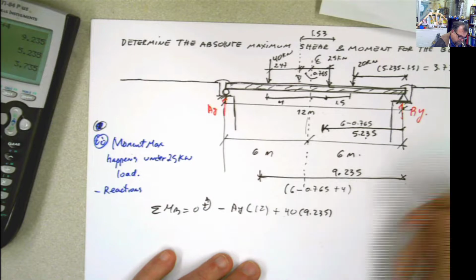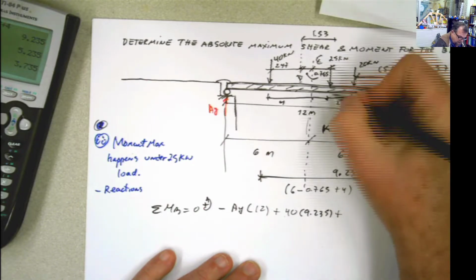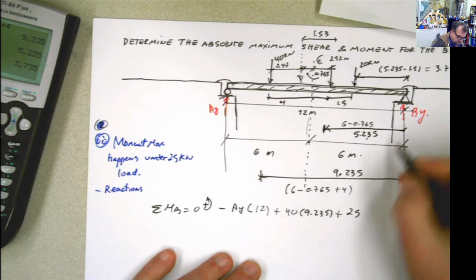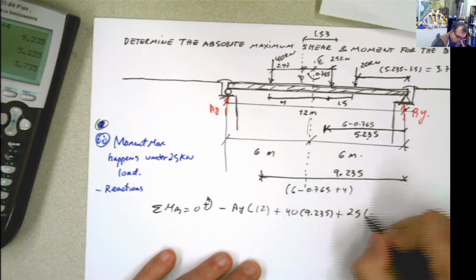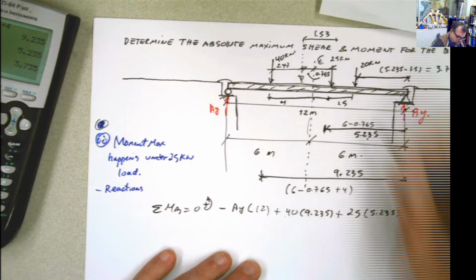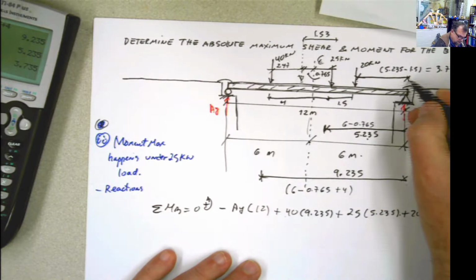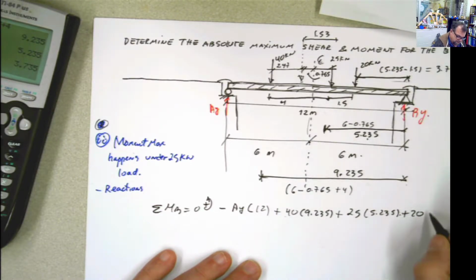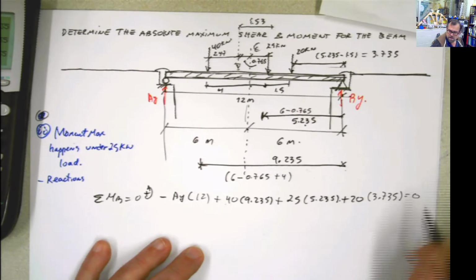9.235 plus 25 times this distance, 5.235 plus 20 times this distance here, 3.735. That has to be equal 0.